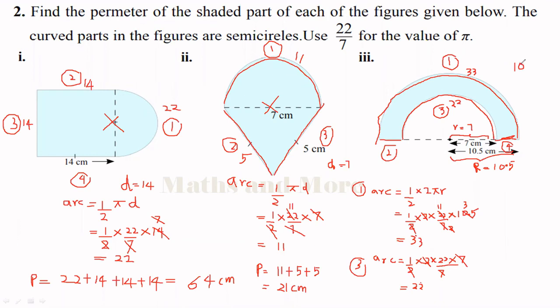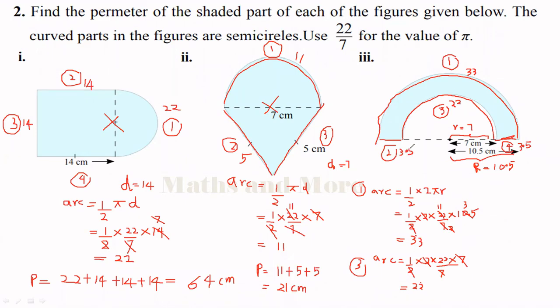Yes, 10 minus 7 is 3. So 10.5 minus 7 is 3.5. Okay. Here that is 3.5. Here also 3.5.